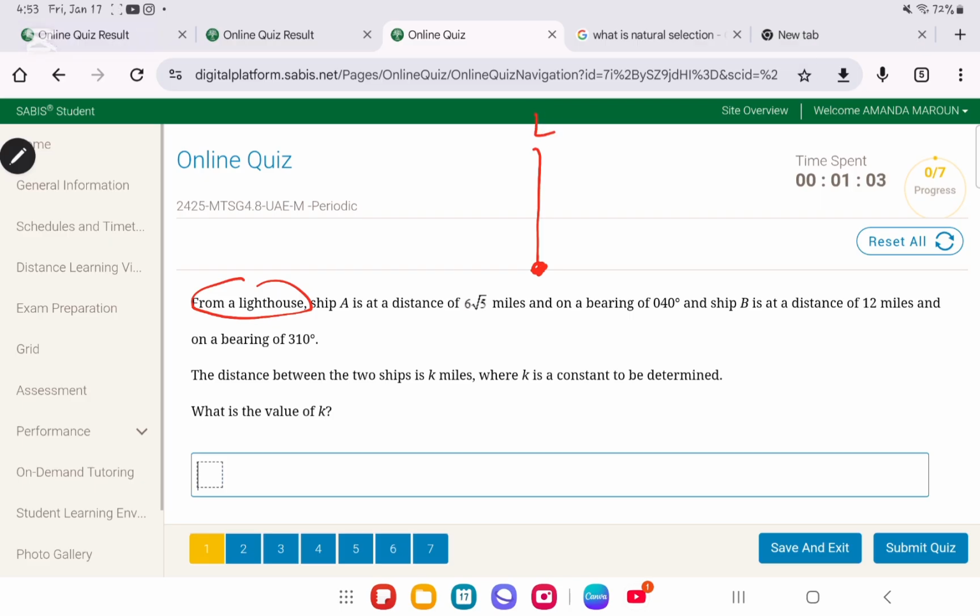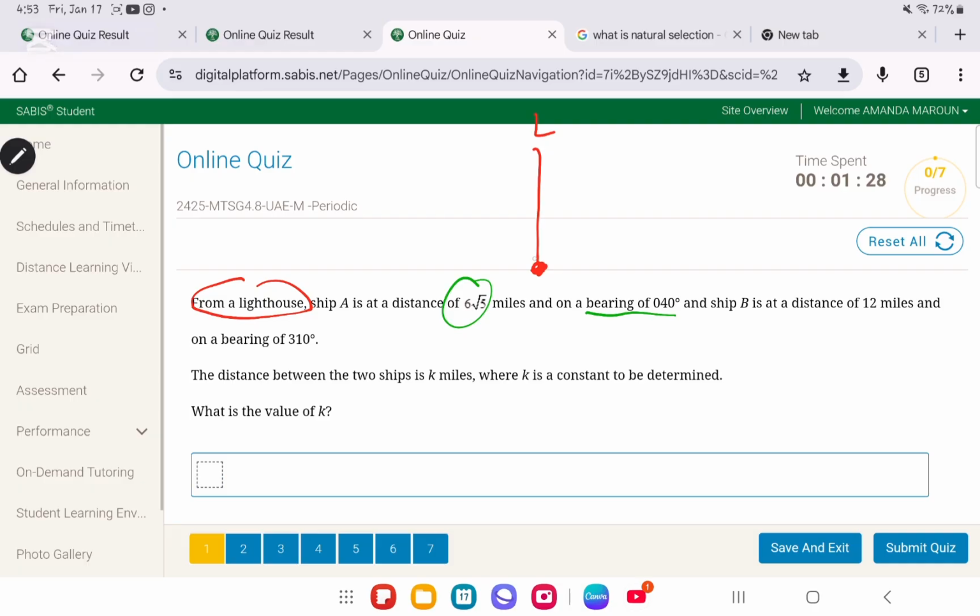Now we have ship A. Ship A is at a distance of 6 radical 5 miles and on a bearing of 40 degrees. What does a bearing of 40 degrees mean?